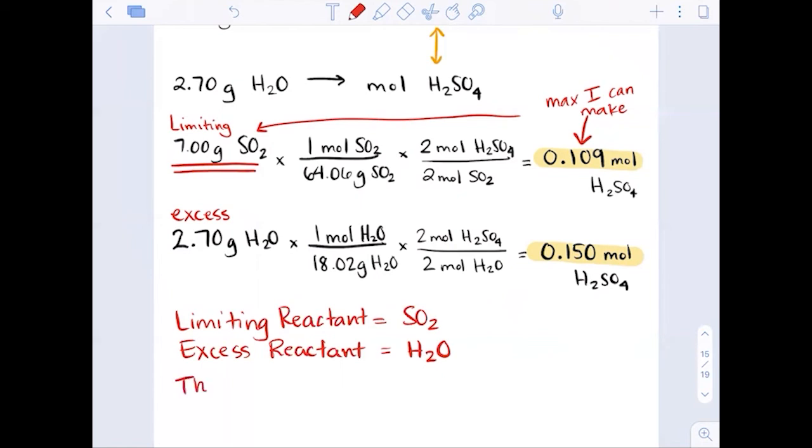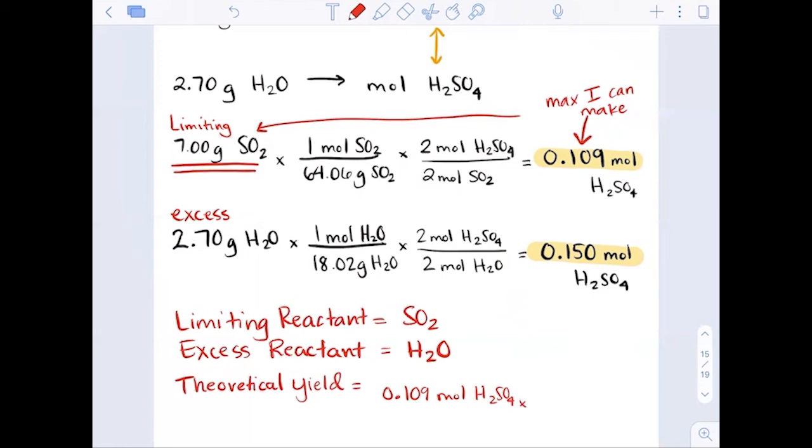The theoretical yield is the maximum amount that I could produce, 0.109 moles of H2SO4. Let's go ahead and put that into grams like the question states.